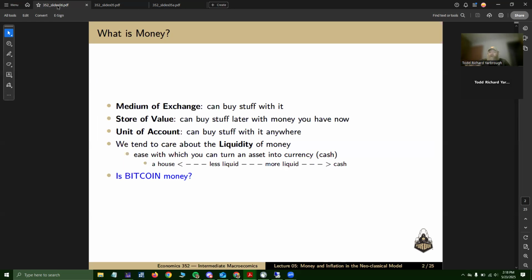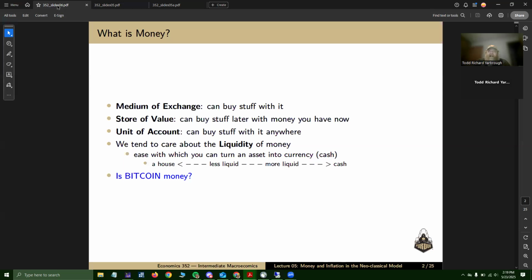So, what is money? Economists have a very, in a sense, strict definition of what represents money. It needs to be three things: medium of exchange, store of value, and a unit of account. If something does not do all of these three things, then economists don't tend to refer to it as money.